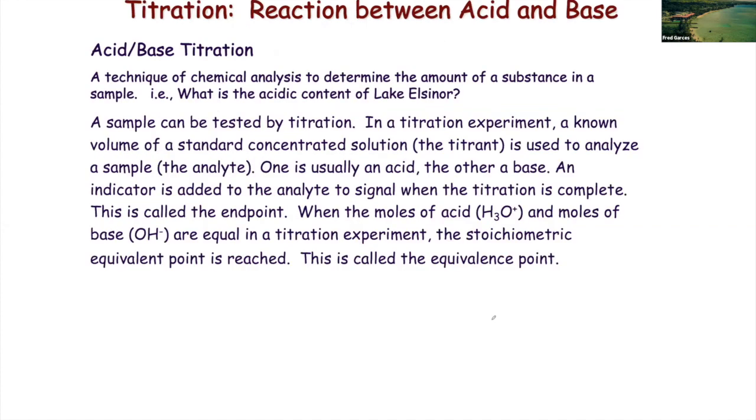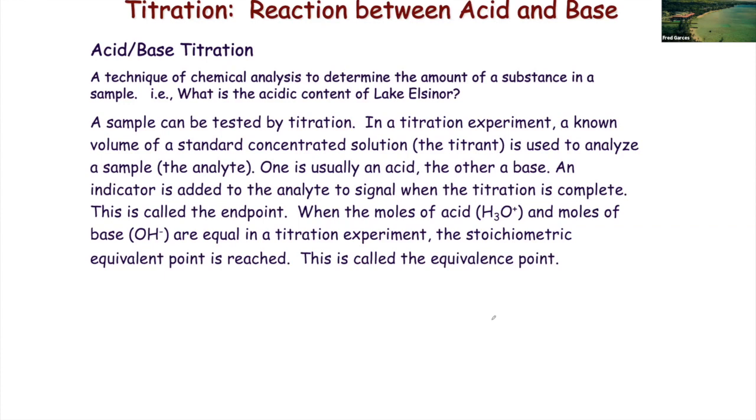So one of the things that you saw back in Chapter 13, solution chemistry, was that when you have a chemical reaction between an acid and a base, then it's called a neutralization reaction. But the reason why it's important is because in an acid-base chemical reaction, you can usually do an analysis.